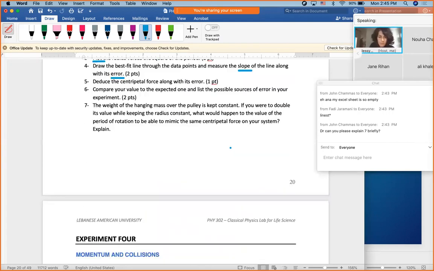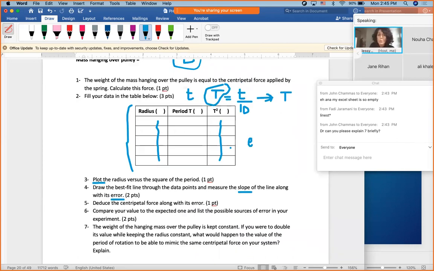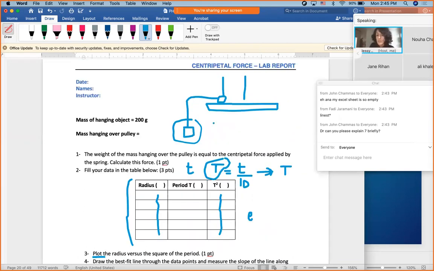They said radius constant, I suppose yes, which means you need a bigger speed of rotation to have the same equivalent centripetal force. So instead of making your platform go in a circle at a low speed, you need higher speed to be equivalent to this weight.